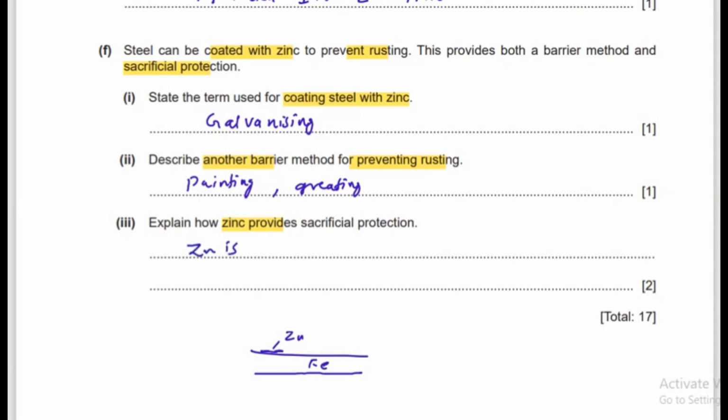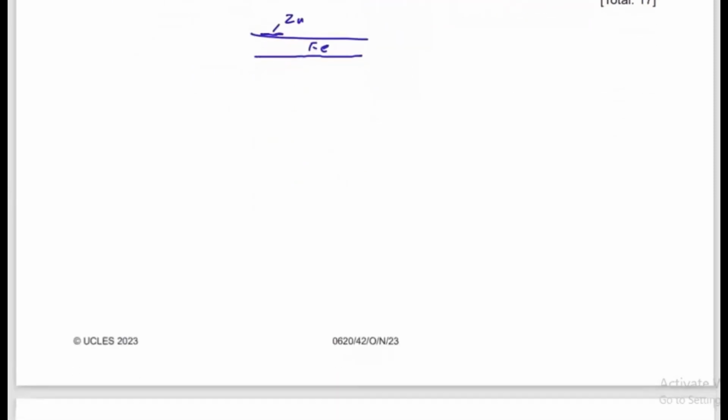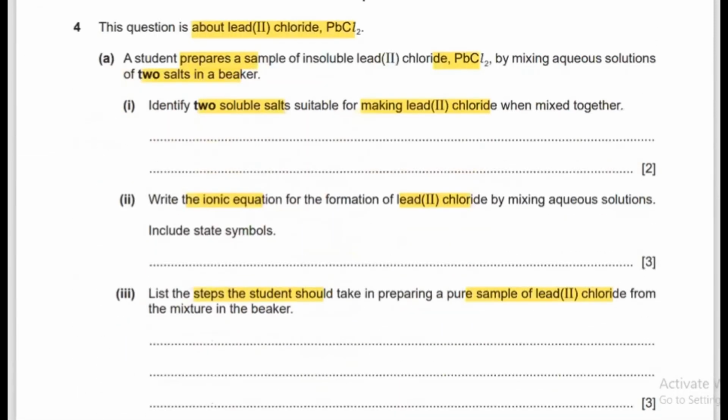So number one, zinc is more reactive than iron, so it reacts with moist air, moisture and water in preference to iron. Because zinc is above iron in the reactivity series, zinc is more reactive.